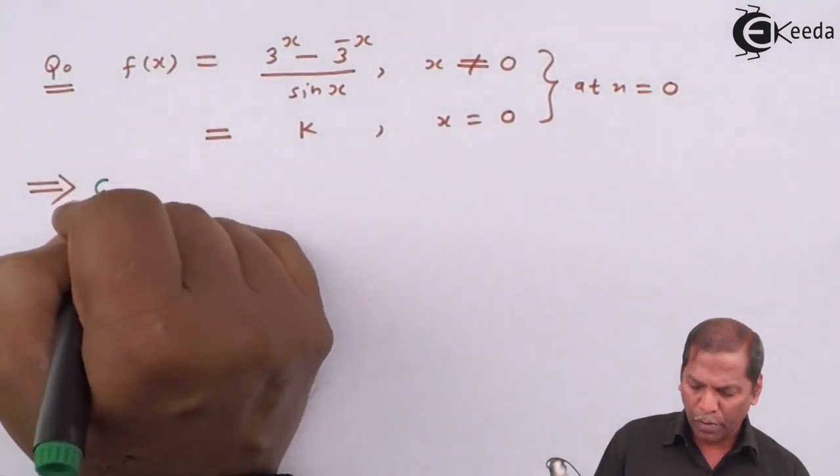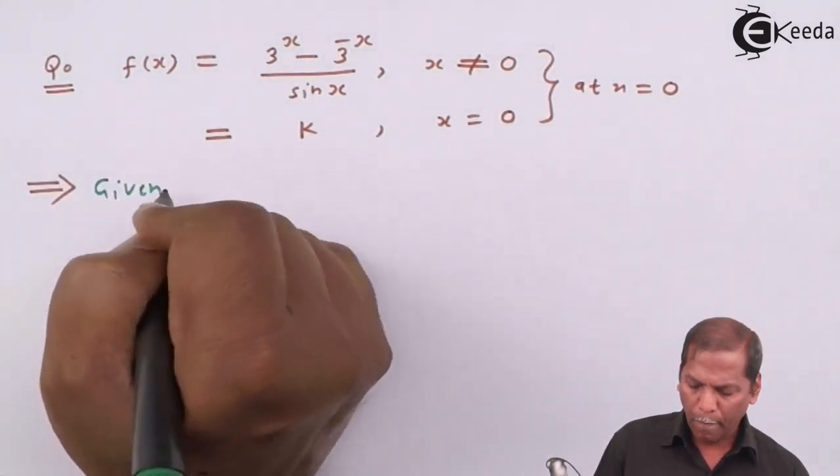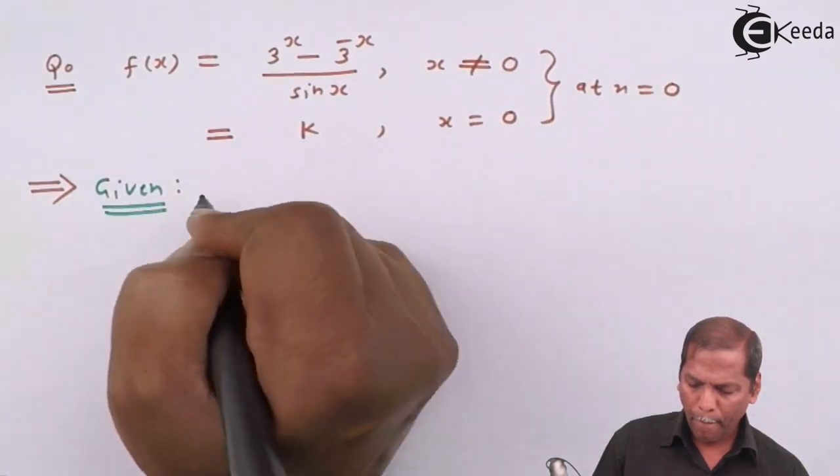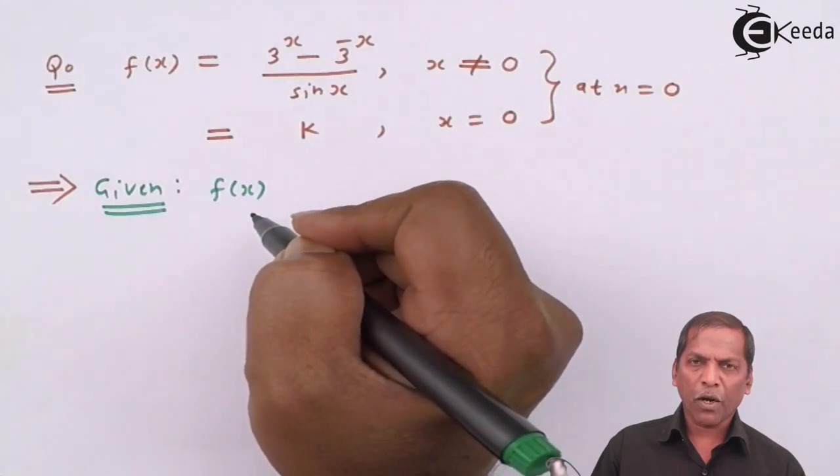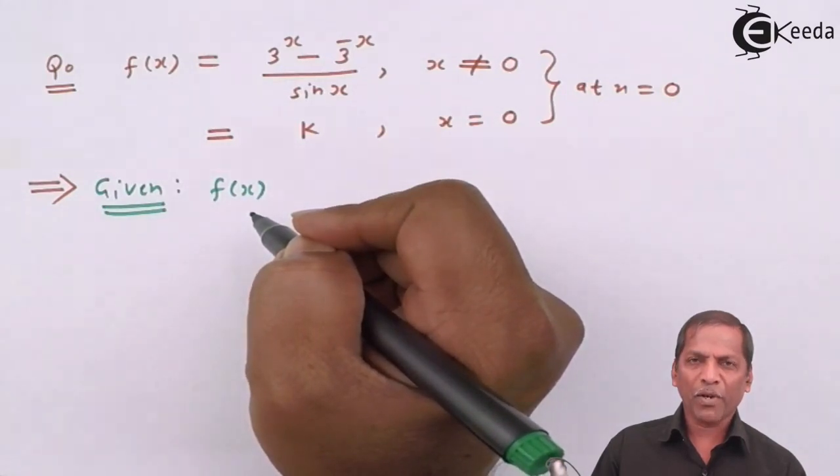First of all, given f of x is continuous at x equal to 0.